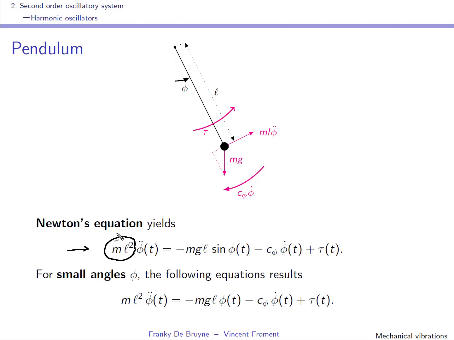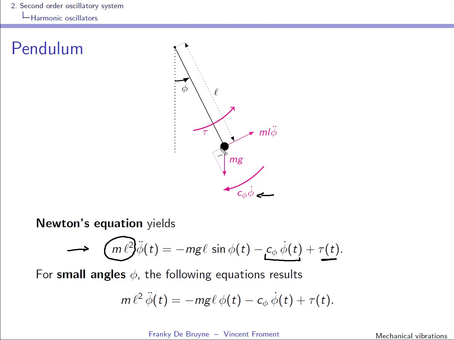So J, the moment of inertia, times phi double dot is equal to the sum of the torques, which is the net torque. There is of course the external torque, which you've got over here, and then two other torques, one that is related to friction, the friction torque, and one that is related to gravity.